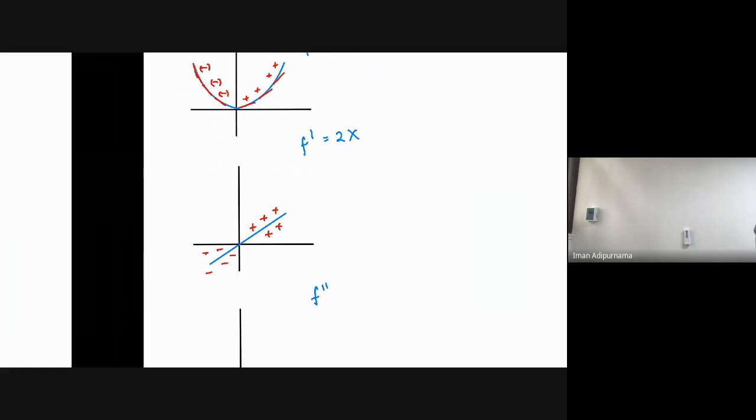F prime equals 0 is at this point, right? So you check at the horizontal tangent. That point is 0. After 0, it's changing to positive. So here it's changing from negative to positive. Okay, it's also correct.